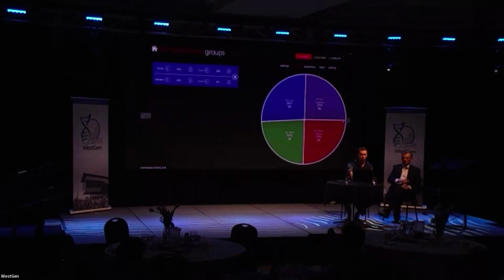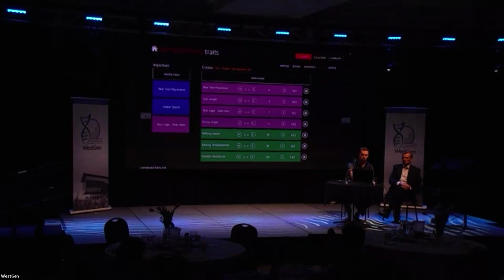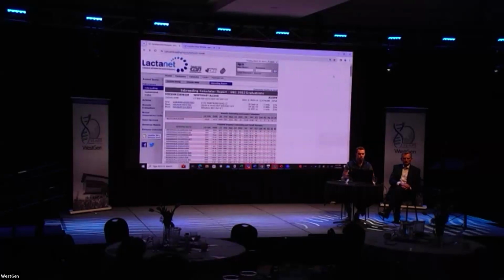So we've made a cutoff of having side view no straighter than 7S. That allowed us to eliminate anybody that was going to bring that to the table, to try to have the herd a lot more uniform with how they're built. So not a great answer on the whole industry side, but if you are dealing with your WestGen rep, they can help on that side.